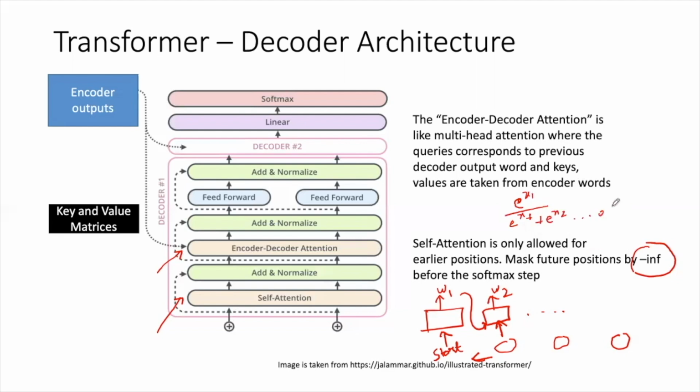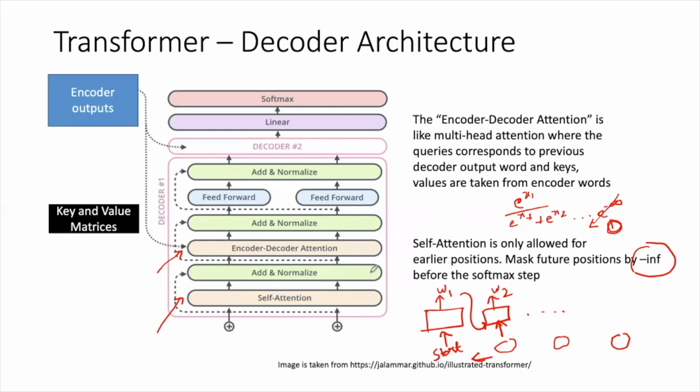So let's say something is -infinity. Then e power that turns out to be 0. So that way it's not adding any score to the score computation. That's what is typically done to ensure that we don't use the future units.